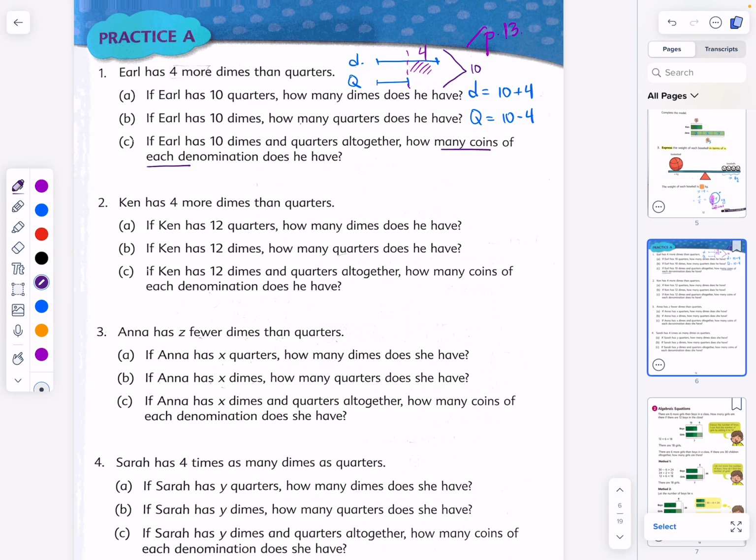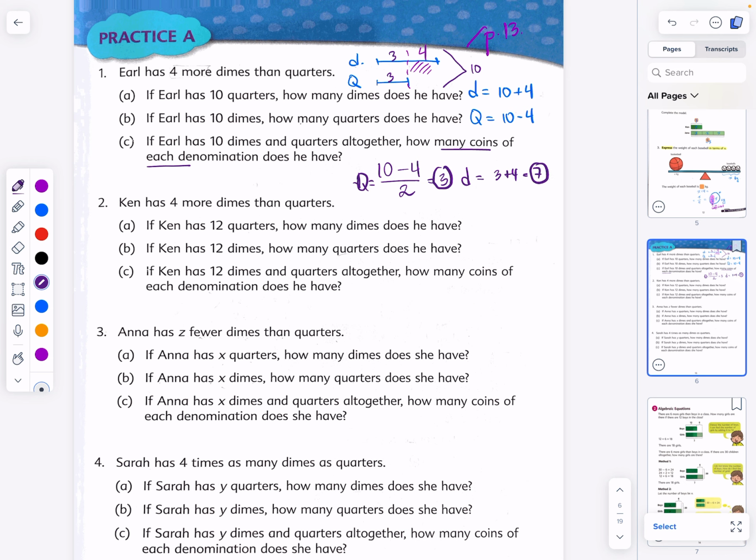So we would say altogether 10 minus 4, and then divide by 2. And that would be the quantity for quarters. And for dimes, let's compute this. This would be 3. So each of these pieces would be 3. So then the dimes are 3 plus 4 equals 7.